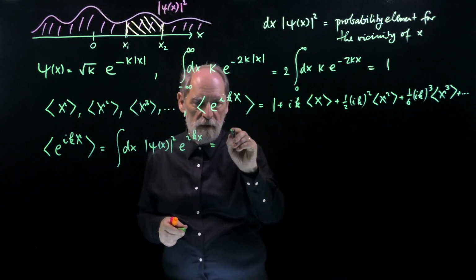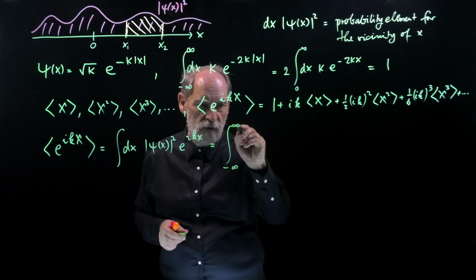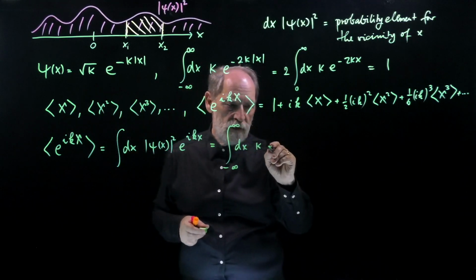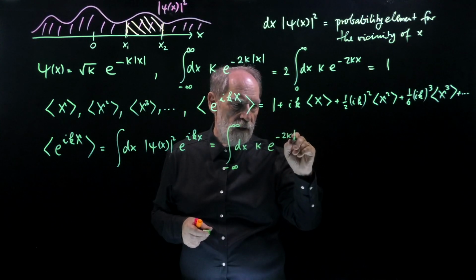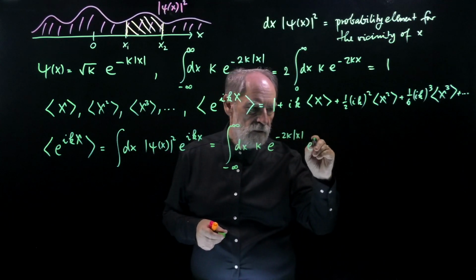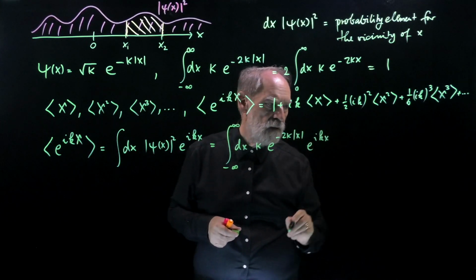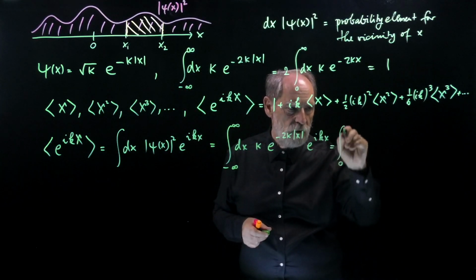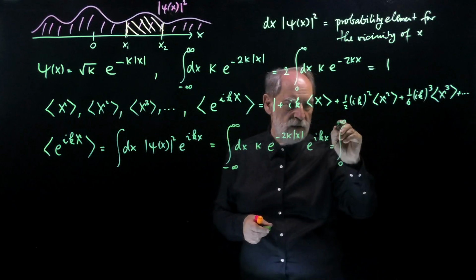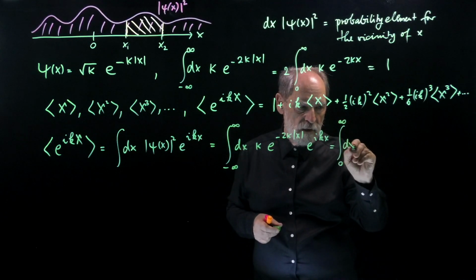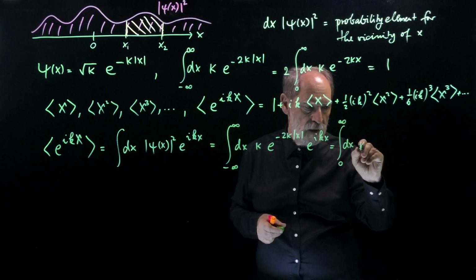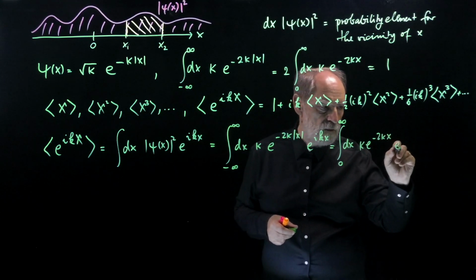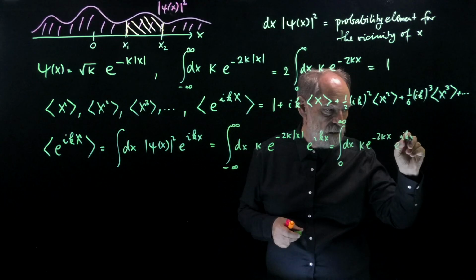So this is, again, the integral from minus infinity to infinity dx. There is the kappa, the square of the wave function, e to the minus 2 kappa absolute value of x, e to the ikx. And now, again, I will look at the contribution of the positive x values, dx kappa e to the minus 2 kappa x, e to the ikx.